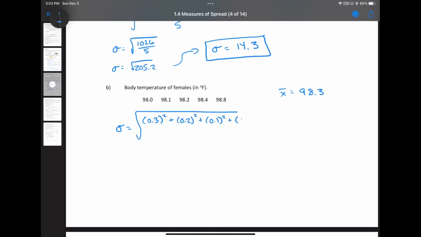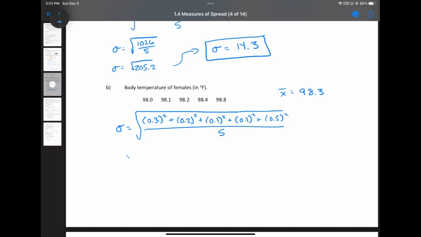The next one's also 0.1 away from the mean. Direction's different, but again, since we're squaring, the plus or minus doesn't matter. And the last one is going to be 0.5 away from the mean, divided by 5 data points again.